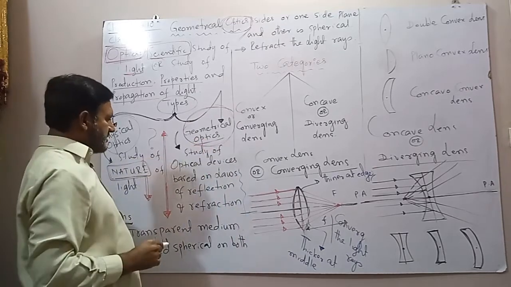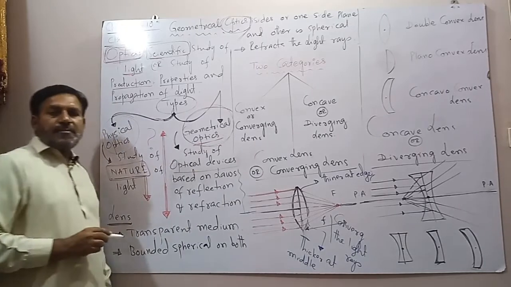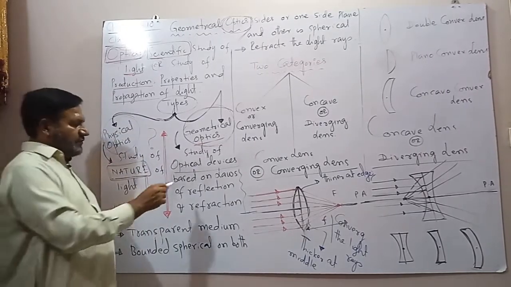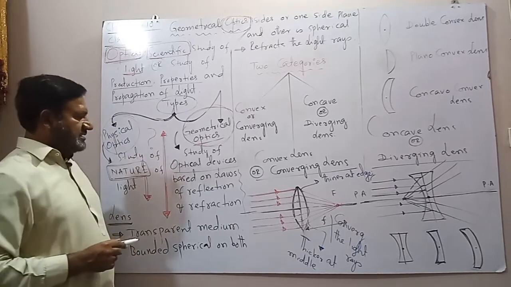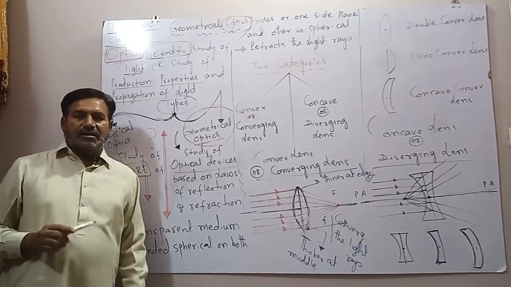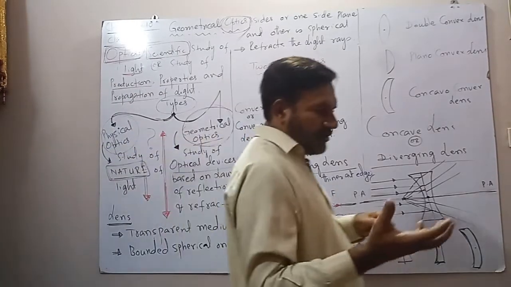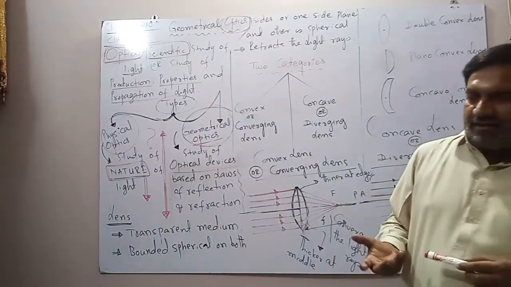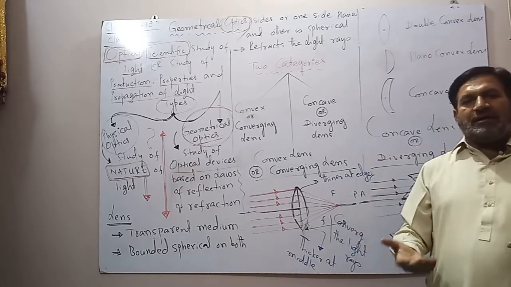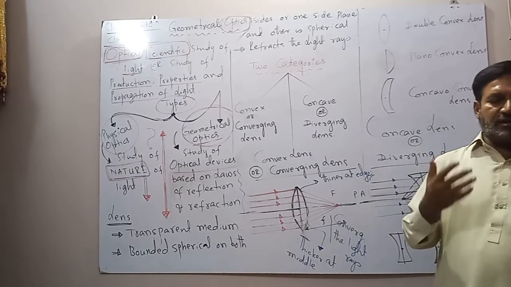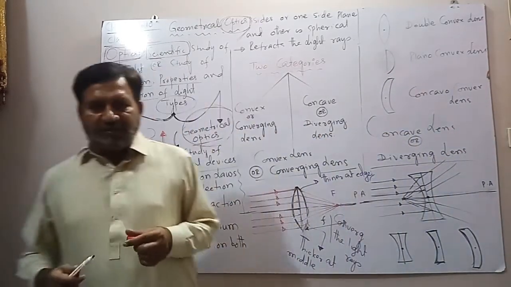And another branch of physics is known as geometrical optics. Geometrical optics deals with optical devices, and these devices work on the basis of the laws of reflection as well as refraction. These optical devices are like the compound microscope, magnifier, telescope, human eye, spectrometer, cameras, and so many other optical instruments we use in our common life.